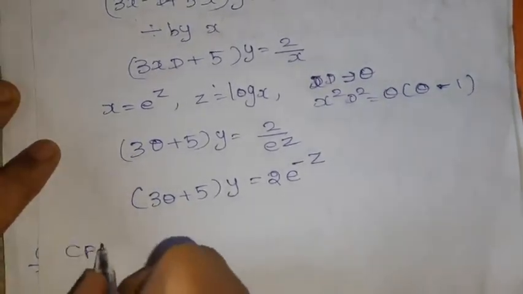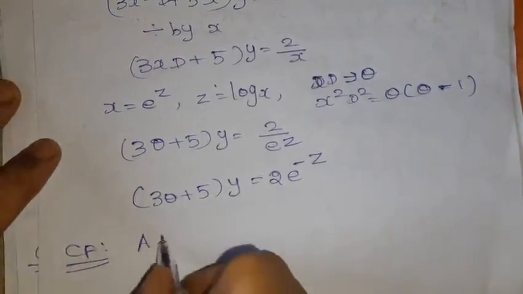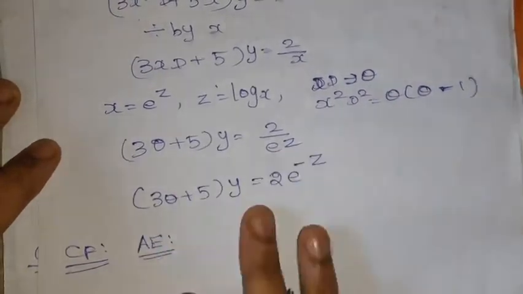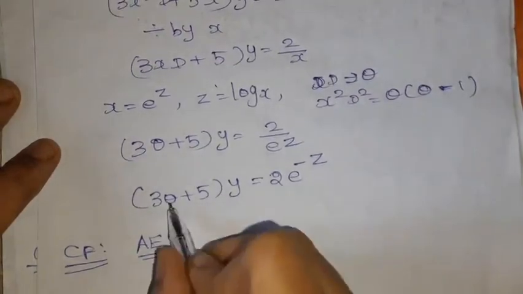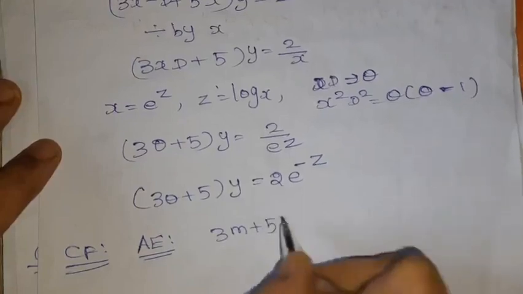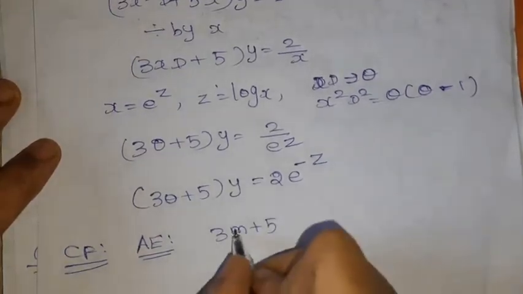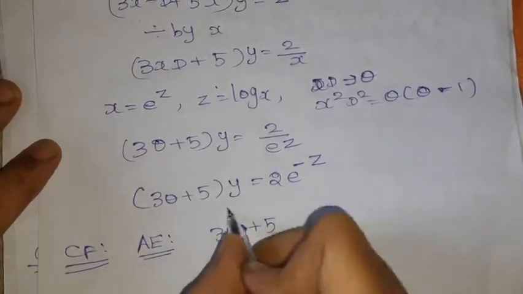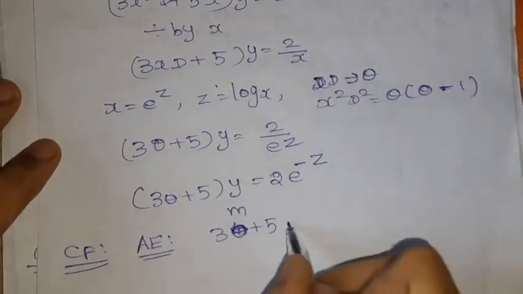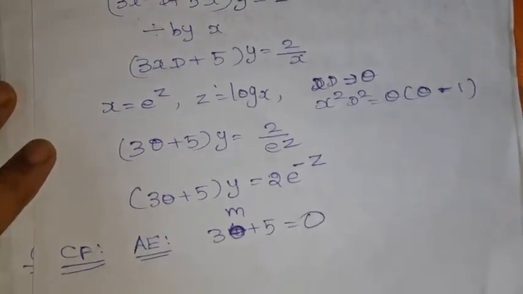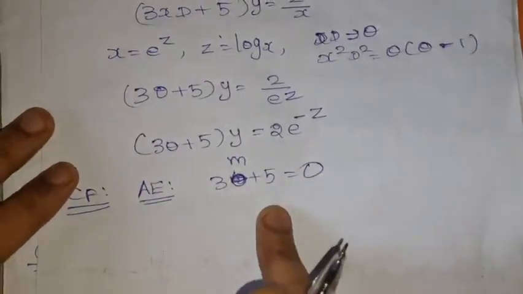Now we are going to find the complementary function. For that, assume RHS equal to 0. Then replace theta by m. So 3m plus 5 equal to 0. Then we should find the root for m value.